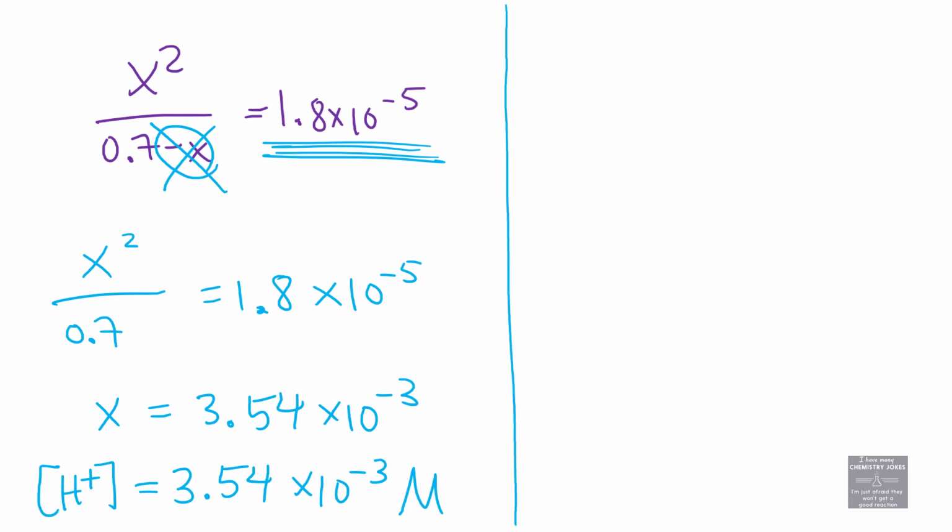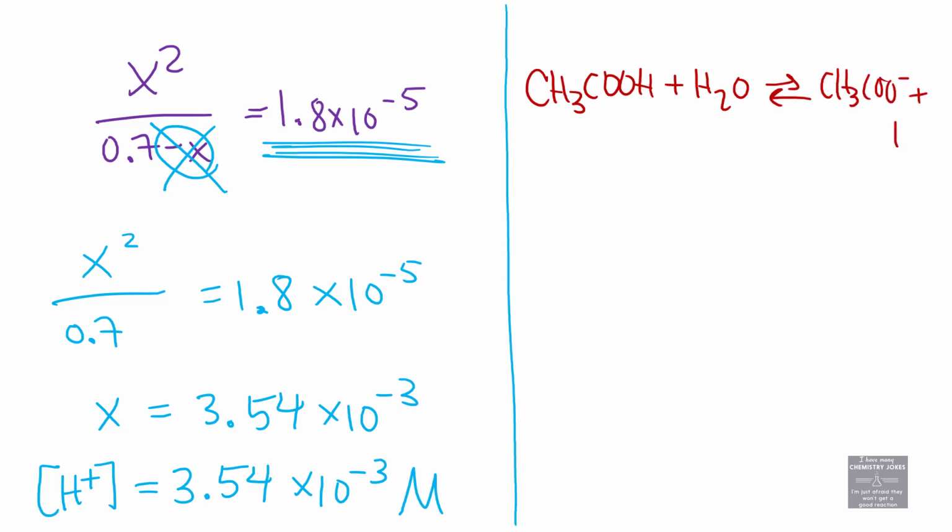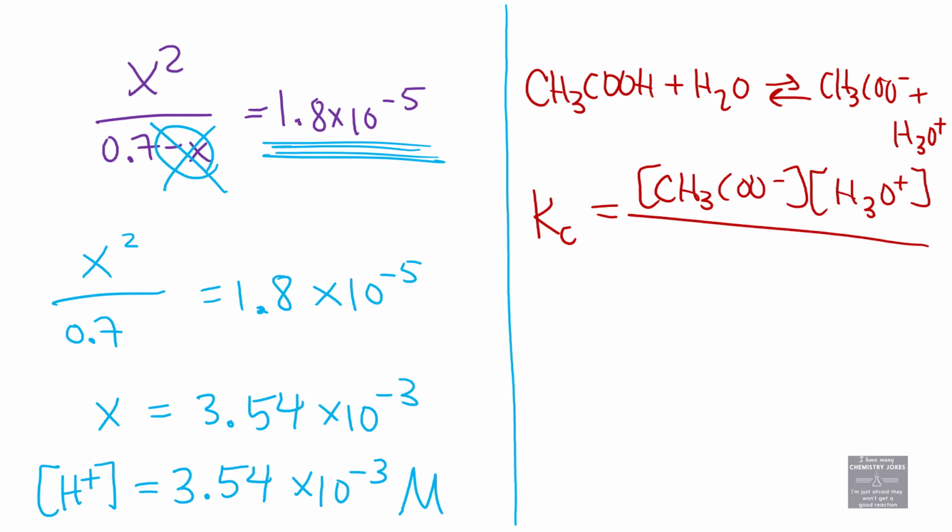One thing that I maybe should have said prior to now, we're going to go back and explain now. If I had written this equation for my dissociation, CH3COOH plus H2O yields CH3COO minus plus H3O plus, I would have written a Kc that was CH3COO minus times H3O plus over CH3COOH times H2O.